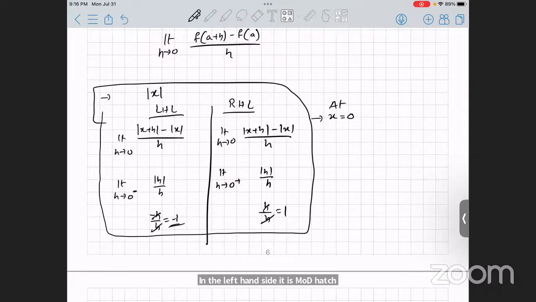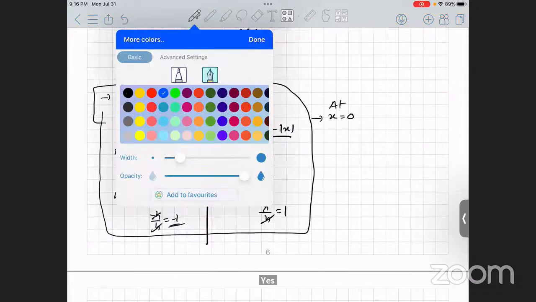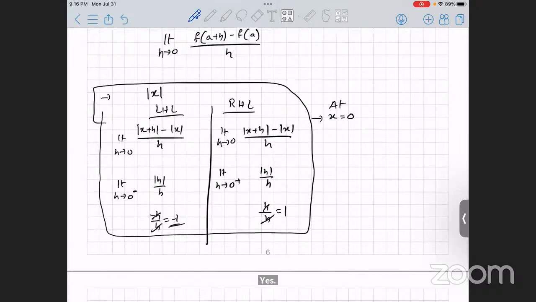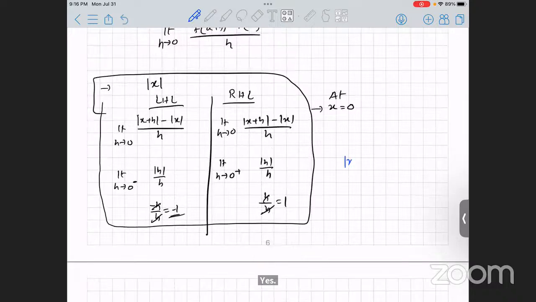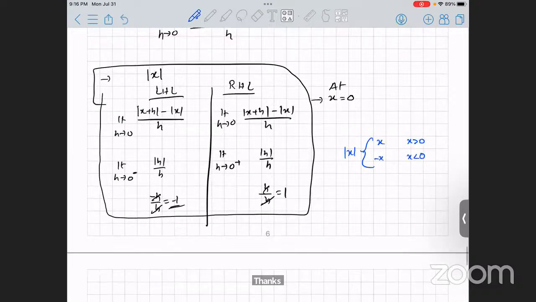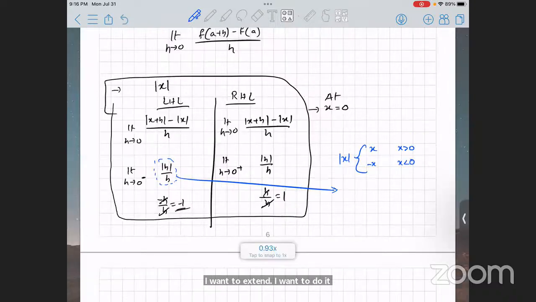Listen carefully. The mod x function is x when x is greater than 0, and minus x when x is less than 0. Your question is right.